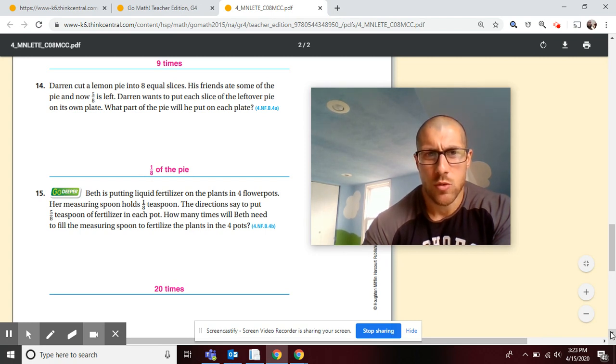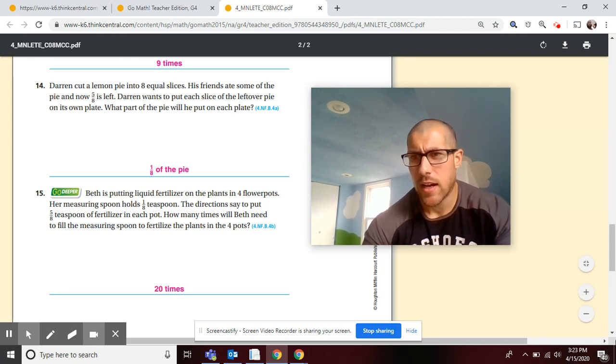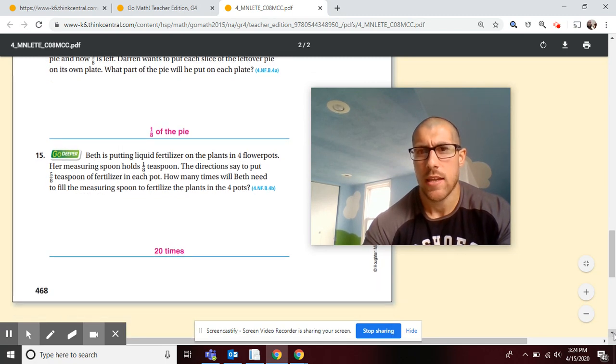Her measuring spoon holds 1/8, and they need to put 5/8 in each pot. Oh, 5/8 times 4/1. 5 times 4 is 20/8. And if each spoon holds 1/8, she needs it 20 times, or 20 times 1/8 is 20/8.